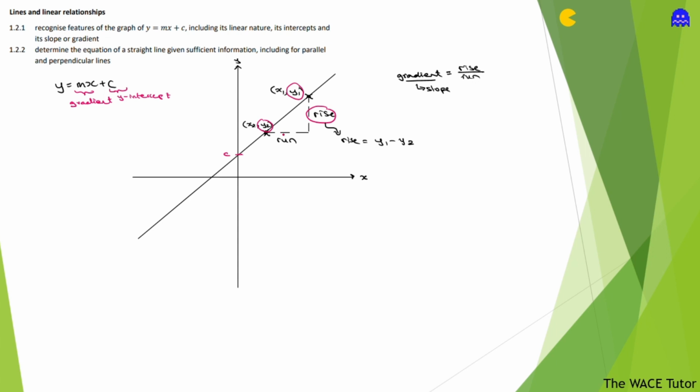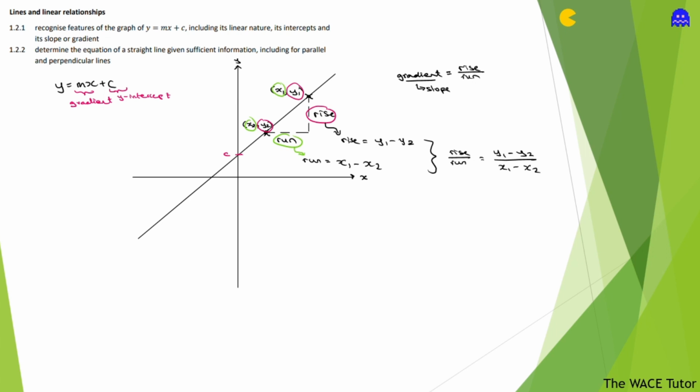The run is given as the difference between the x coordinates. The run is equal to x1 minus x2. So, if the gradient is given by rise over run, then it's also given by y1 take y2 over x1 take x2.